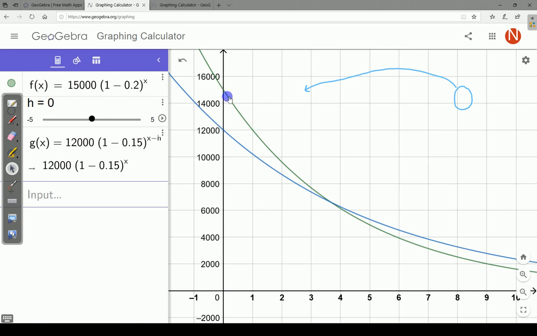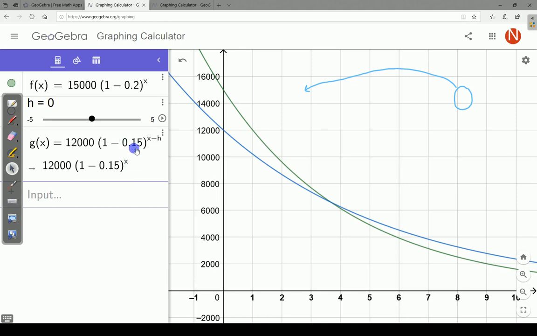So we're going to go down the green graph, but here I want to switch to my second graph. Here you can see I have my second one typed in right here, but I don't have the x minus 1 yet. As you can see, the blue line and the green line don't match up right here. So we need to take the blue line and shift it to the right. We need to translate it to the right 1 unit.